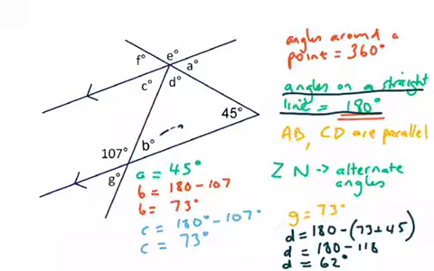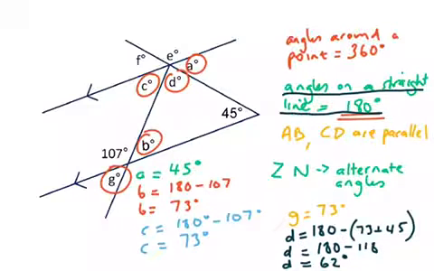Let's circle the ones we've done. We've done A, which is here. We've done B, which is here. We've done C, which is here. We've done D, which is here. And we've done G. That was 73. So that leaves us, if we have a look, with E and F.